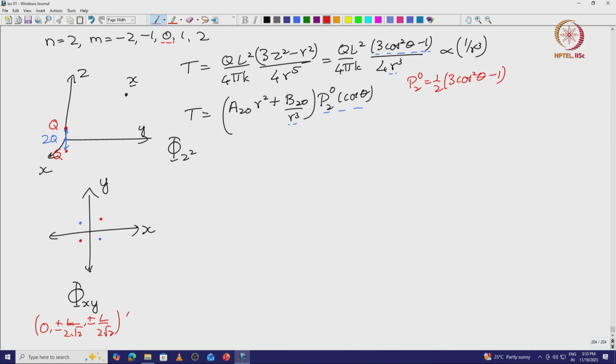That is, the sources are at these 2 locations, at a distance L by 2 root 2 from the origin, and the sinks are at the locations 0 plus or minus L by 2 root 2 and minus or plus L by 2 root 2. This is x y, so it should be x and y. So, let me just, this is not correct.